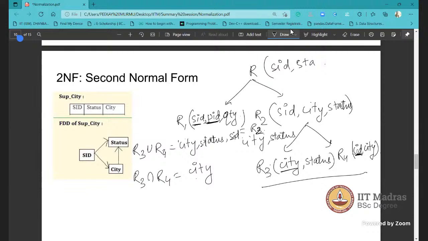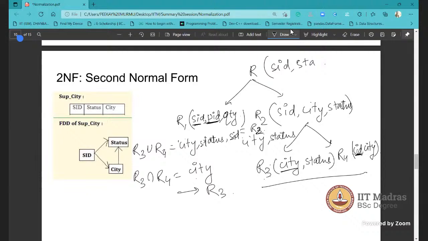It is a key, right? Yes. That means this particular decomposition is lossless.